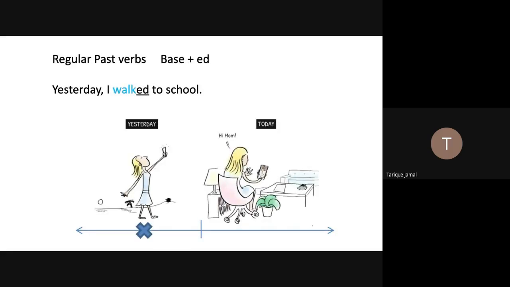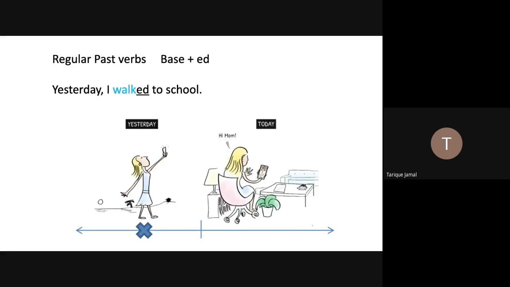So regular past verbs: base plus ed, right? So what do we do? Yesterday I walked to school, right? I walked to school. So what are we doing here? If we think about walk itself, it's a regular verb, correct?